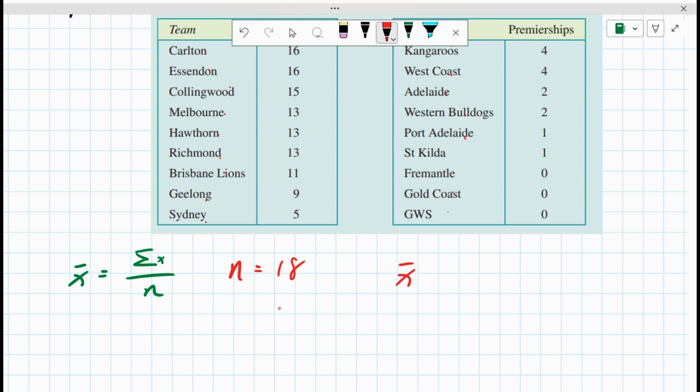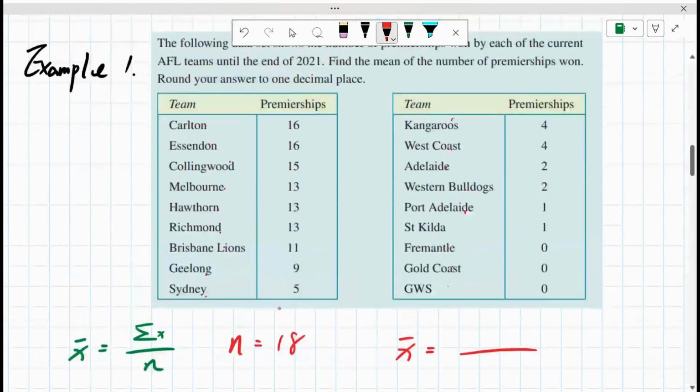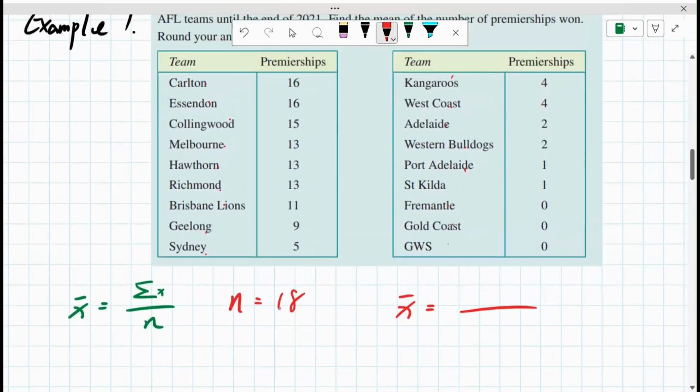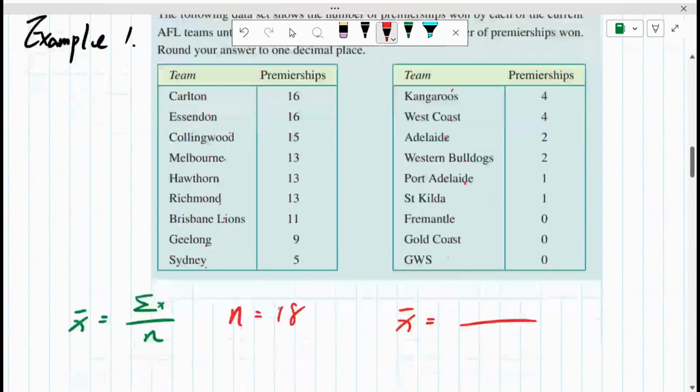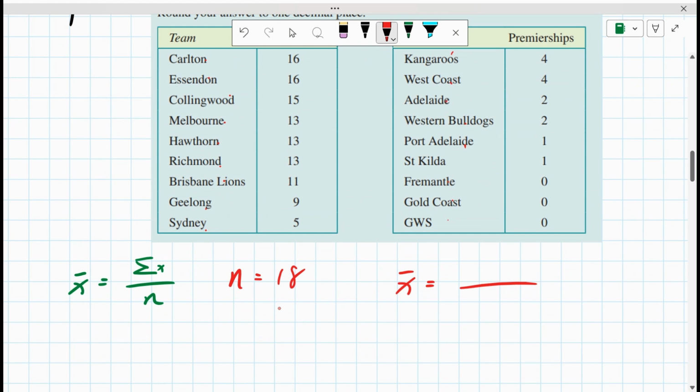So the mean equals the sum of your x, which is your premierships. We can say it is 16 plus 16 plus 15 and so on, down to 0 plus 0 plus 0. I'm just showing you how we go through it. So there are 18 teams.